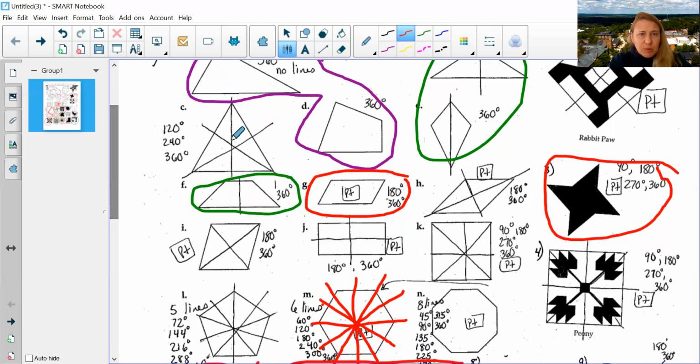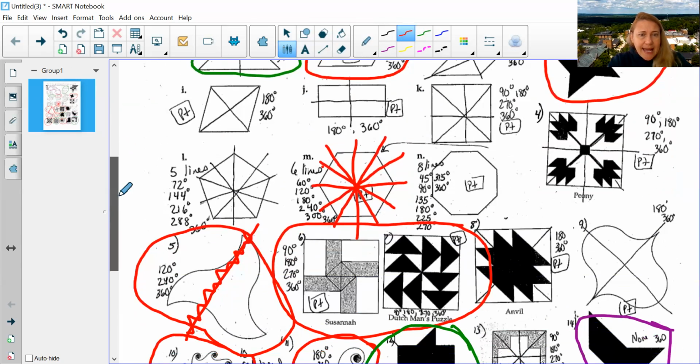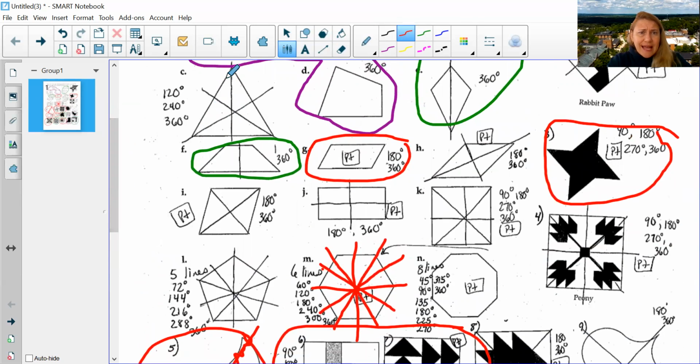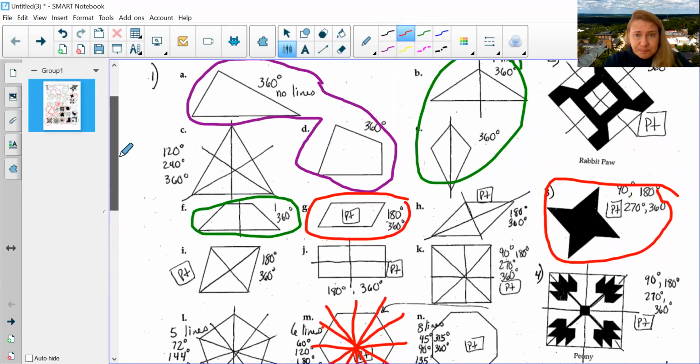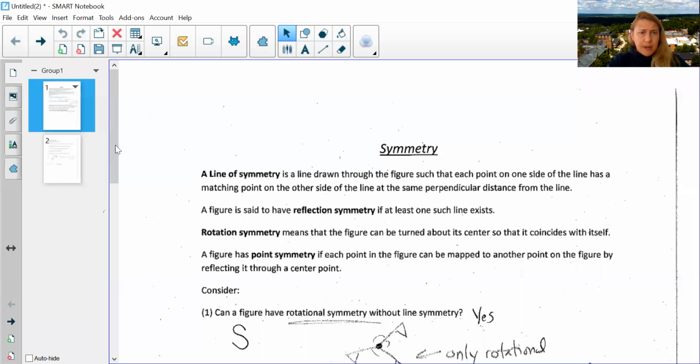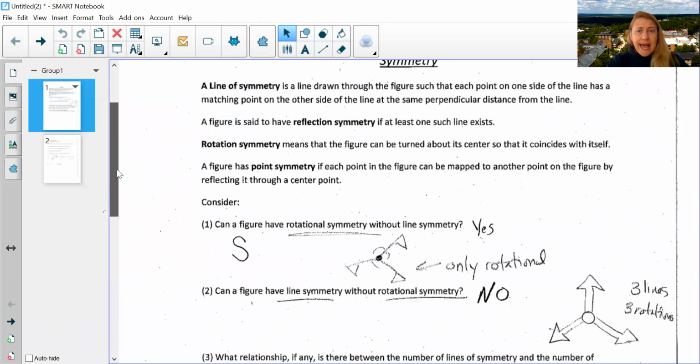So notice the difference between the equilateral triangle and this shape like this. Both of them have 3 rotational symmetries, but because if I fold on the line, these corners would match up, it would have line symmetry as well. So if we go back to this paper, this is a scan of what we did in class.